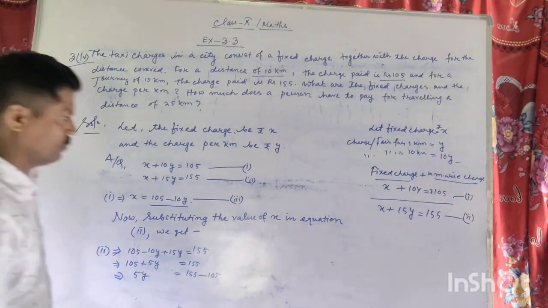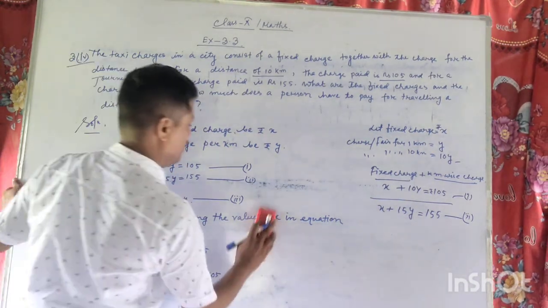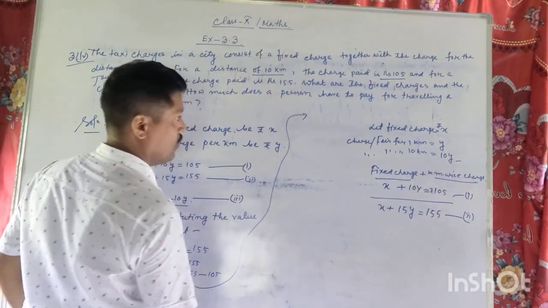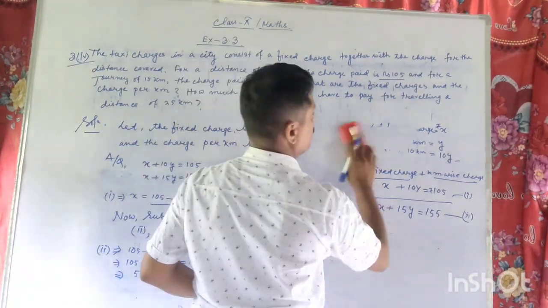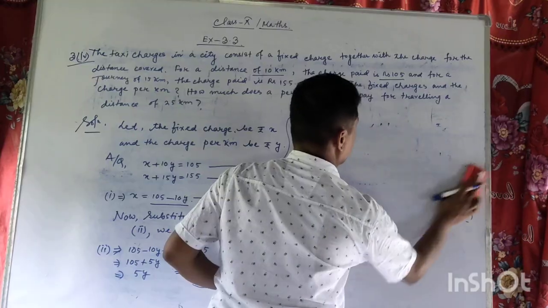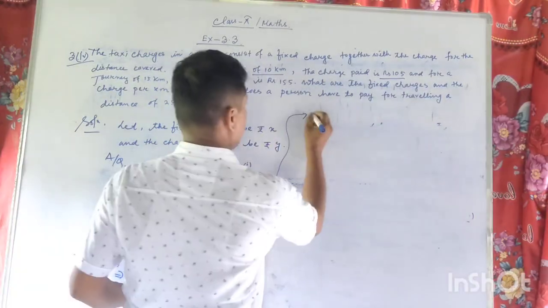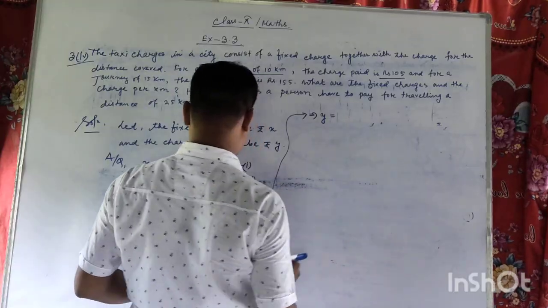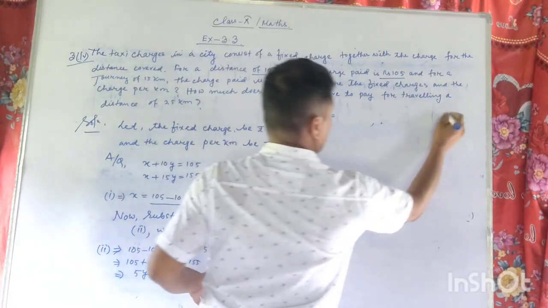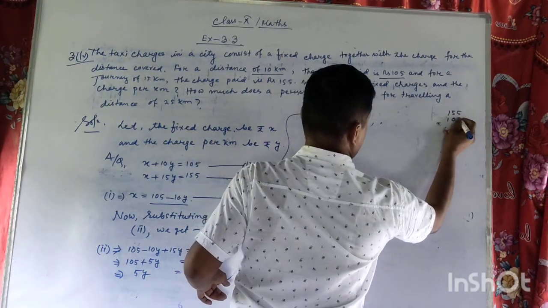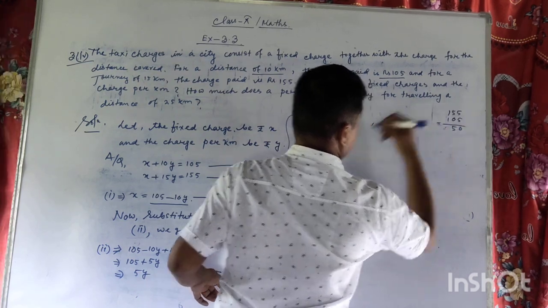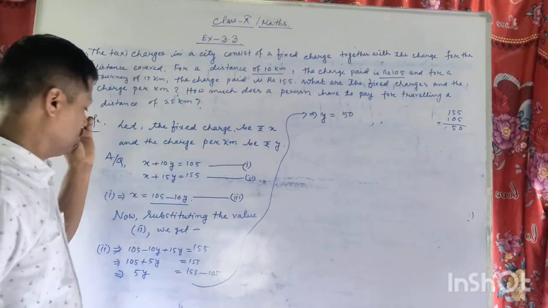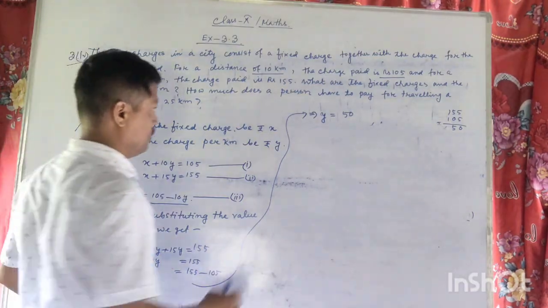So y value will be what? y is equal to 155 minus 105, that means here it will be 50. So y is equal to 50 divided by 5.